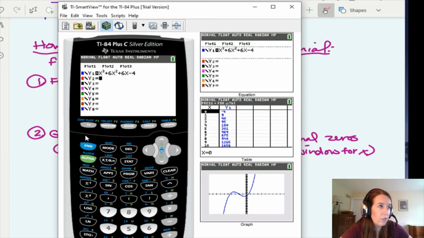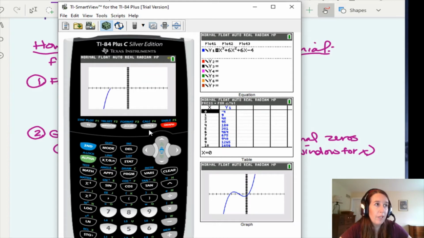So what we can do is go to the graph, and after it graphs, just double check that that 0 is here at -2. Another way we could do that is to go into the table, because at -2 for x, we should see 0 for y.